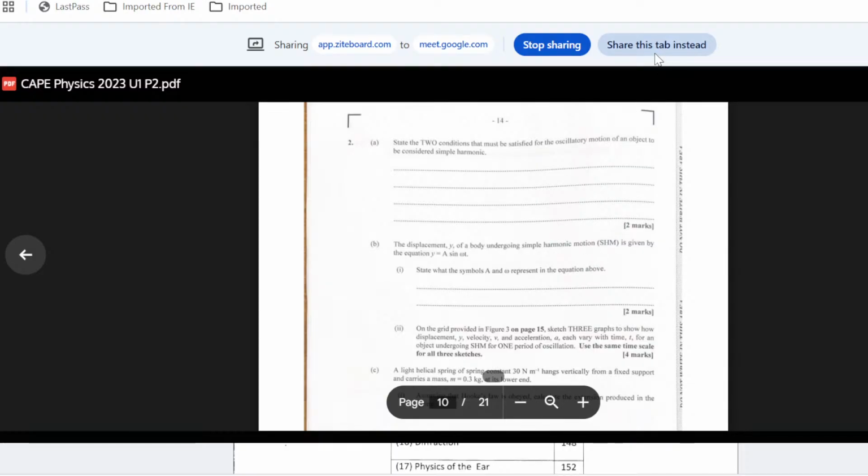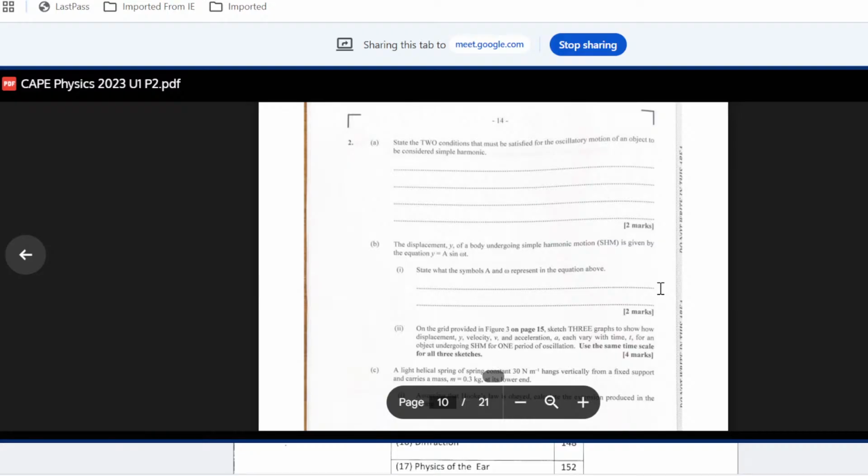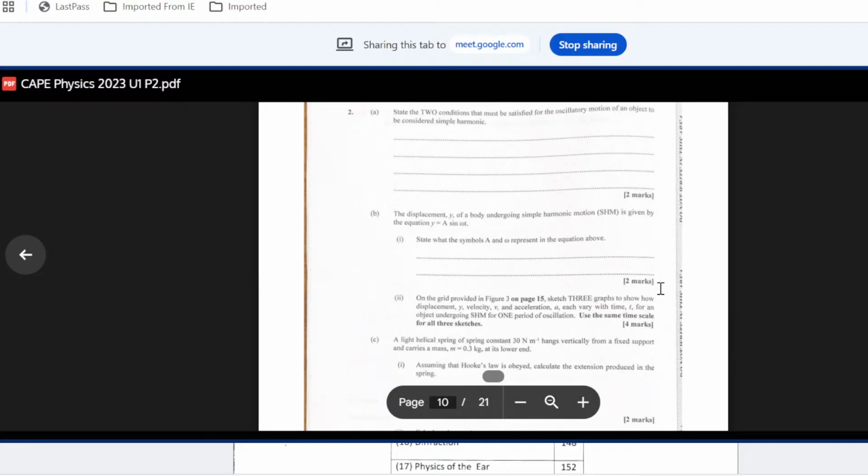All right, let's see if we will need any of these equations in these questions. I think we'll answer some of these already. So the displacement y of a body undergoing simple harmonic motion is given by that.